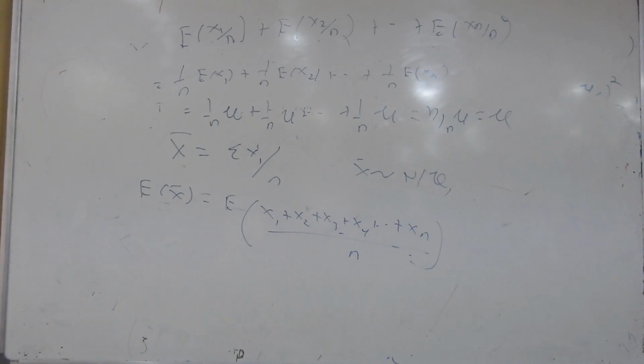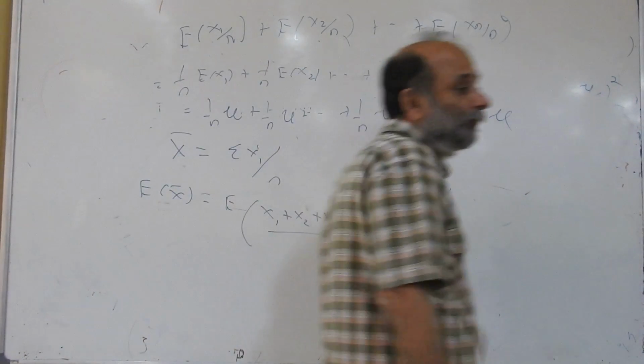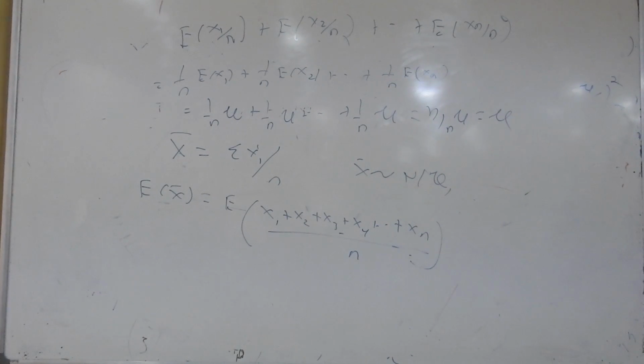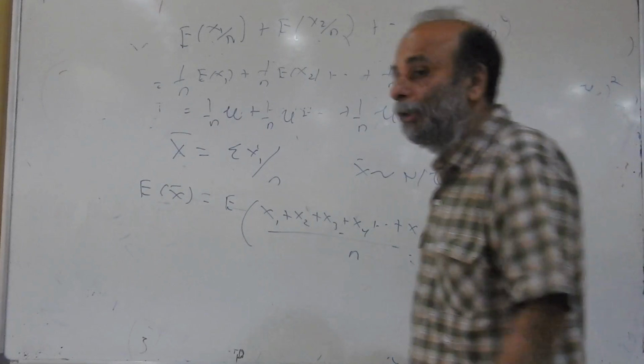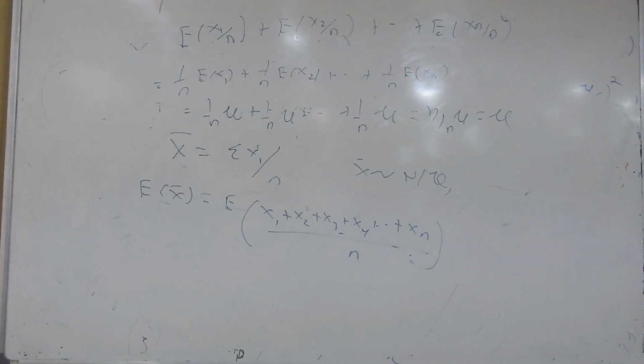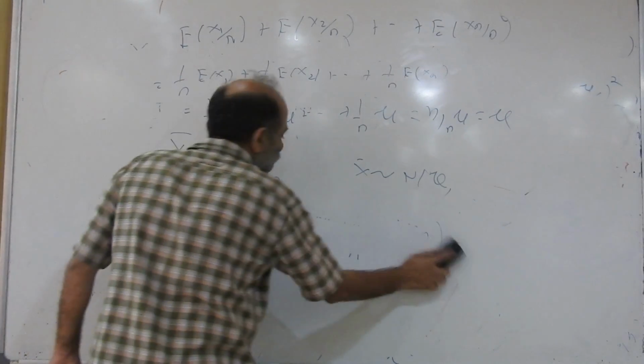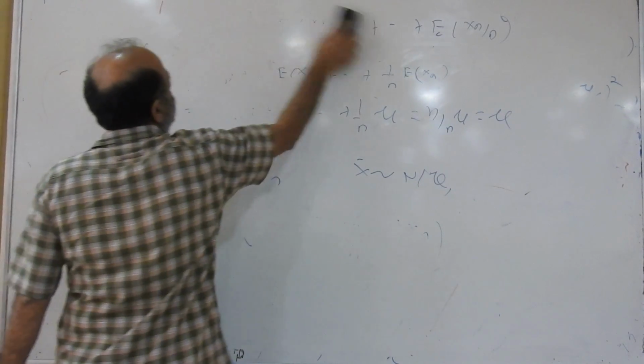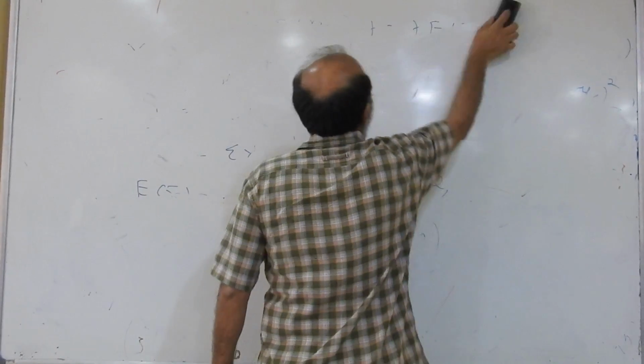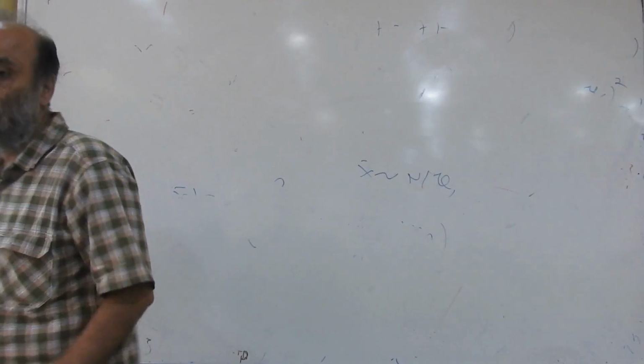The next step, because in a normal distribution the second quantity is the variance, is to find the variance of x bar. How will you get the variance of x bar?